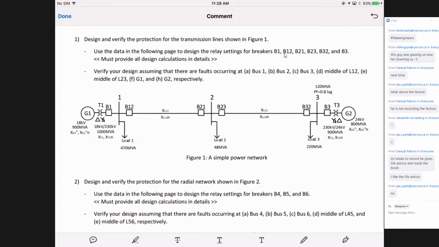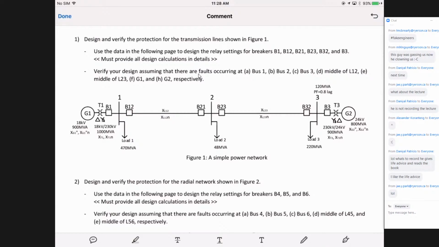So, using the data of the network, decide the setting of the relay for breaker 1, 2, breaker 2, 1, breaker 2, 3, and so on, and provide all the design calculation in detail to justify it.